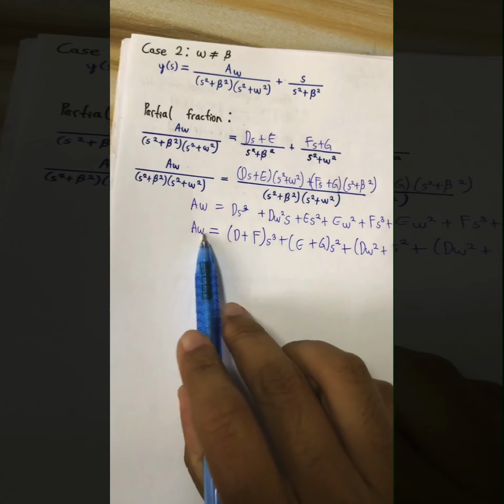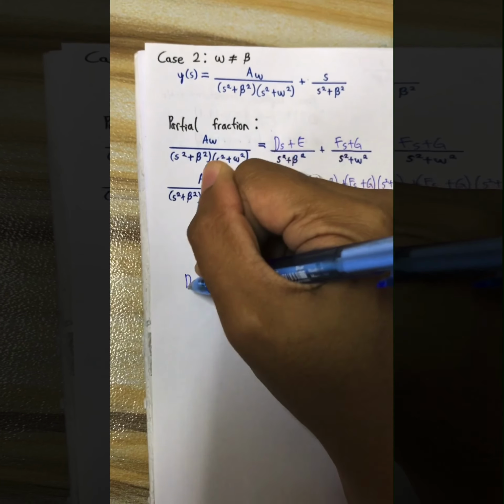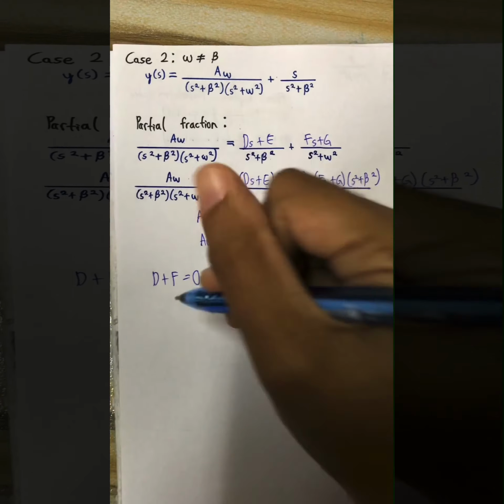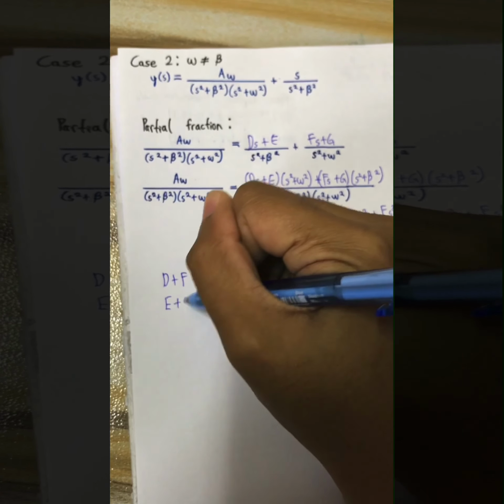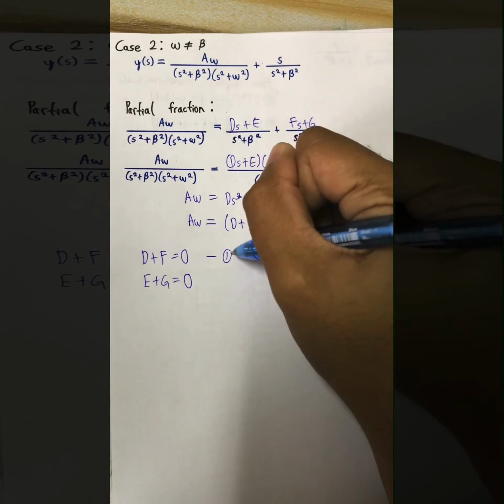So we can form the equations. We get d plus f equal to 0, and then e plus g also equal to 0. This is our first equation, and the second.